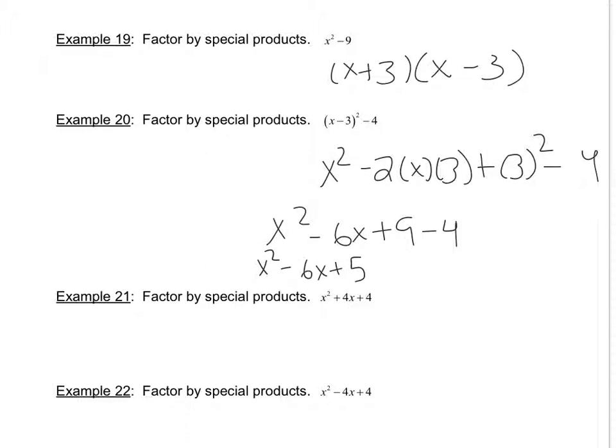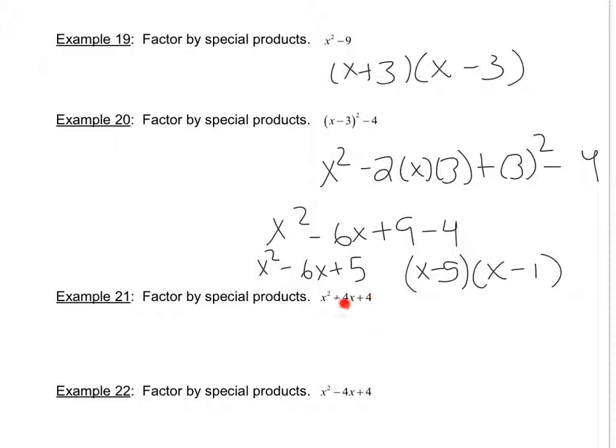So now remember, this is where you go, what multiplies to 5? Because 1 times 5 is 5. So what multiplies to 5 and adds to negative 6? X minus, not 6, x minus 5, x minus 1. Here, 1 times 4 is 4.